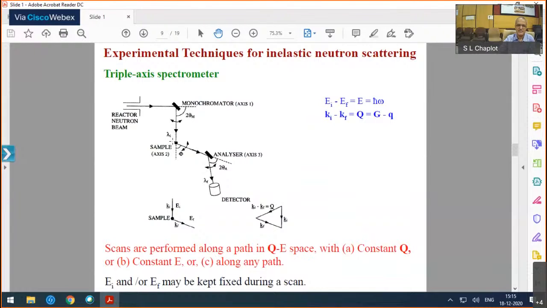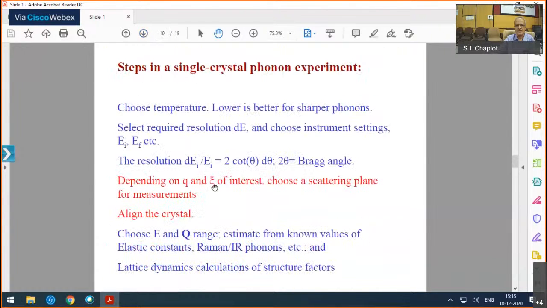Suppose I put my crystal in such a way that the reciprocal lattice vectors A star and B star are in the horizontal plane. Then I say I'm in the A star B star plane, and my Q as well as the eigenvector, the displacements that will be seen, will all be in that plane only.